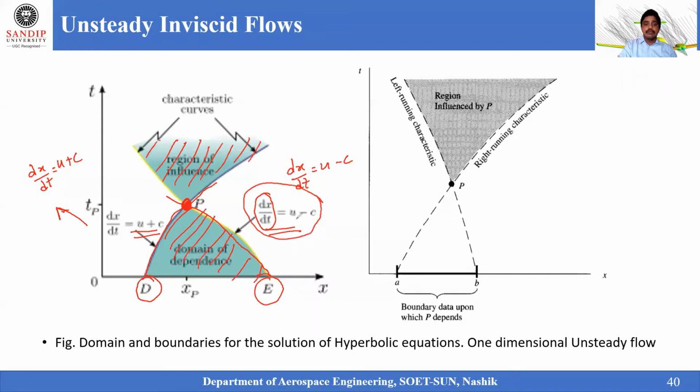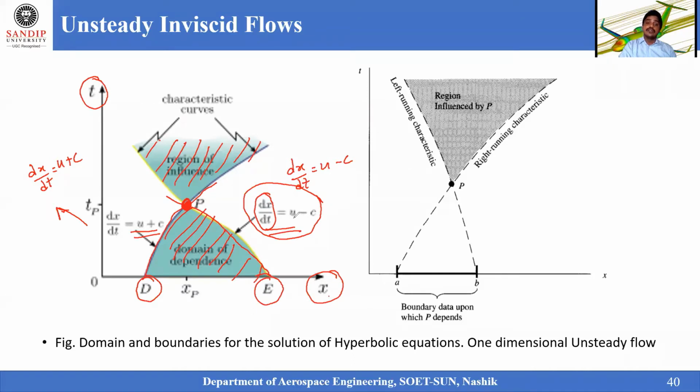Now, as we see the characteristic curve dx/dt, on the horizontal axis we have x, the coordinate system, and on the vertical axis we have the t coordinate frame, that is x comma t. Here I am discussing the flow variables varying with respect to time, so on the x axis I have taken the distance, and on the other axis I have taken time.